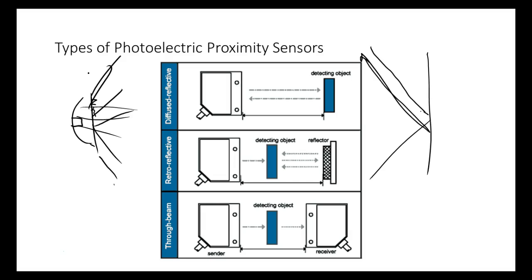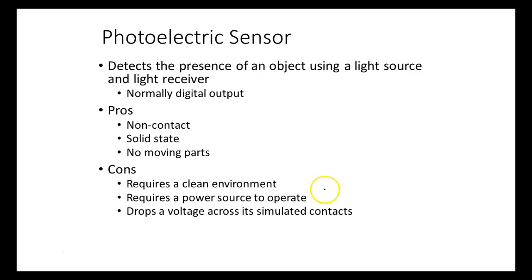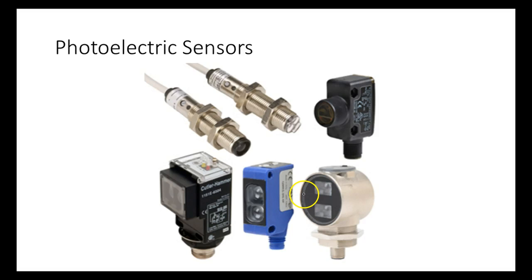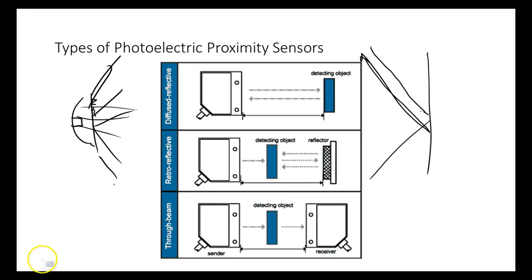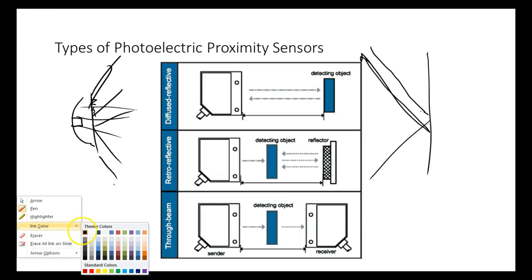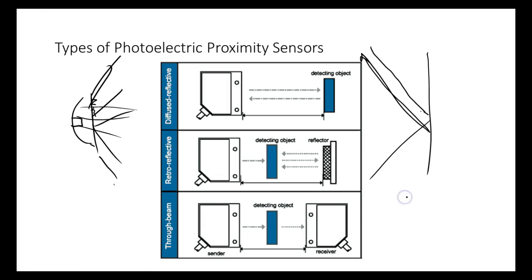So that's our three photoelectric sensors that we were running through. We do have another one that's a variation of a diffuse sensor, and it's called a definite reflective. What the definite reflective does is it mounts the transmitter at an angle, and then it mounts the receiver at the same angle.